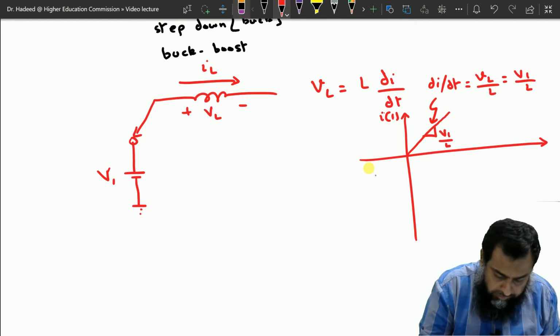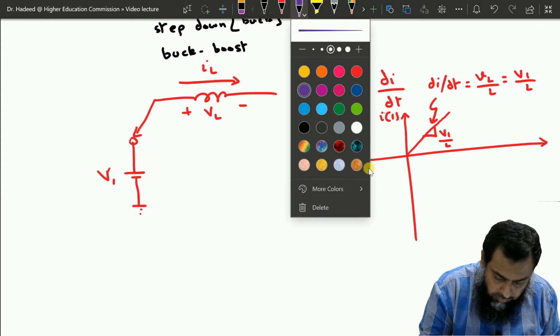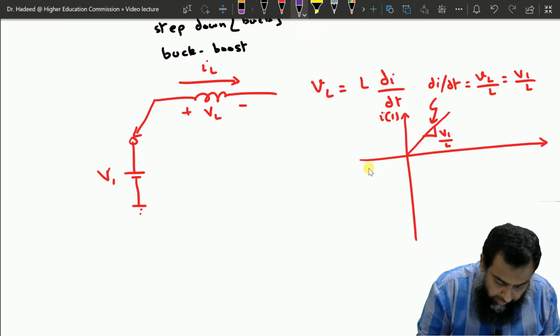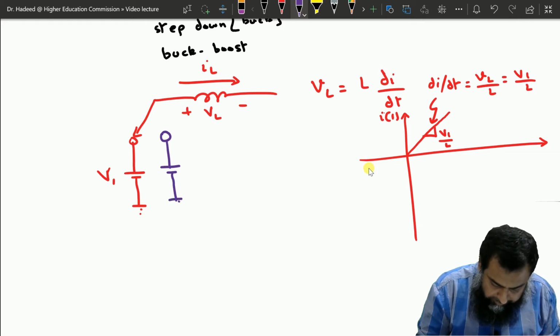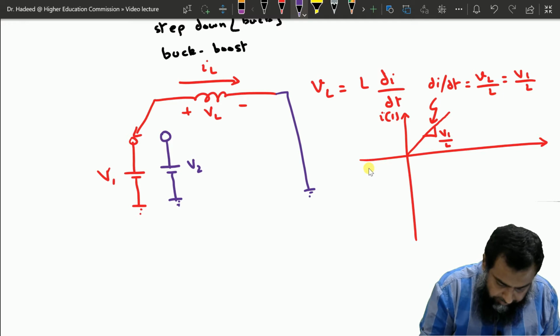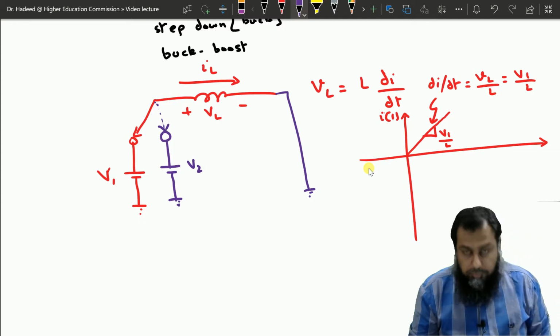Now next, suppose that we connect this to another supply, which is known as V2, and we connect this to this particular point V2.